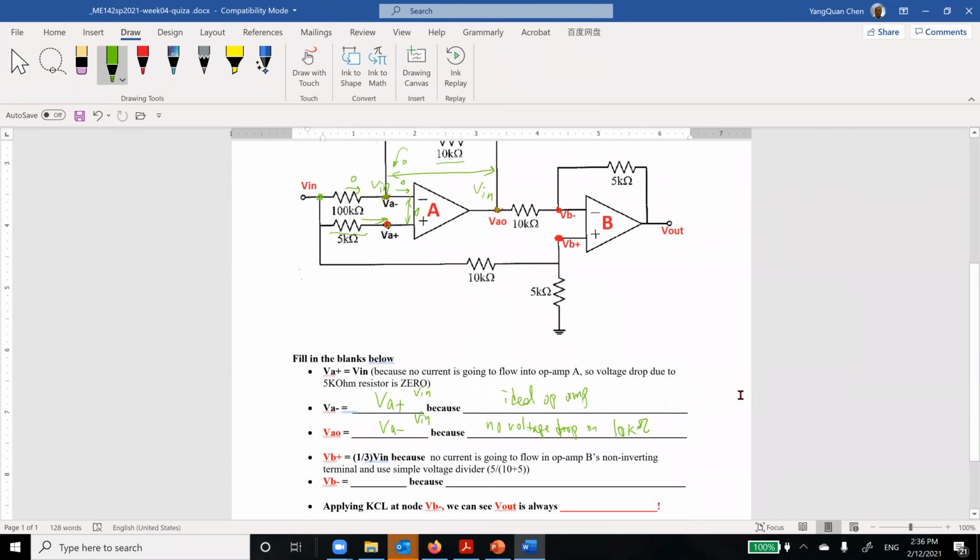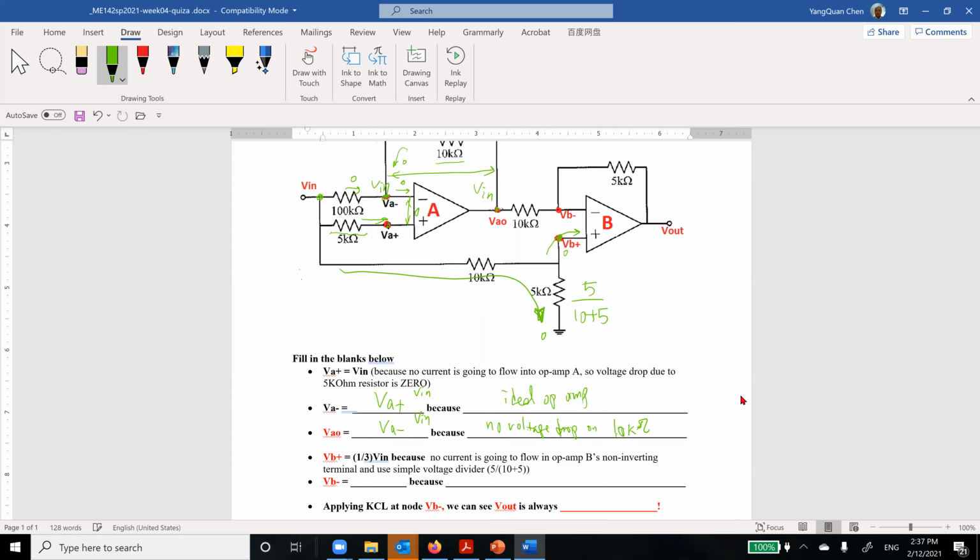So then what is VB? VB plus is this guy. What is the voltage here? Because this is 0, a ground, this is a voltage divider from V in: 5 divided by 10 plus 5, so it's 1/3 of V in, because there's no current flowing in here, as if there's nothing going there. So everything goes through here.